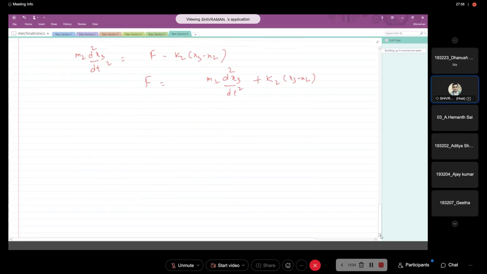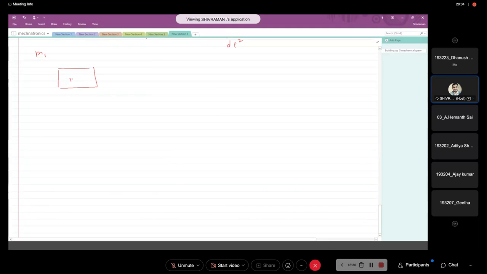Similarly, you isolate the other system. Here the other system is your M1. The force by spring 2, because you are applying a compressive force, so this M1 will also compress it.